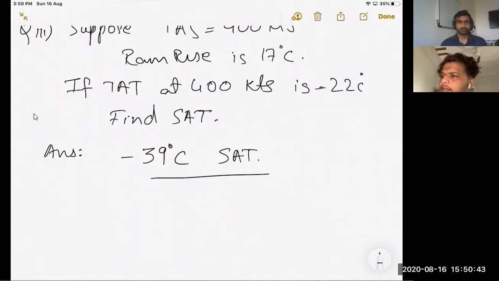How will I write minus 22 in TAT? There is a minus sign on the keypad. Oh yes, there is. Are you able to feed in? Yes, I am. Very good.